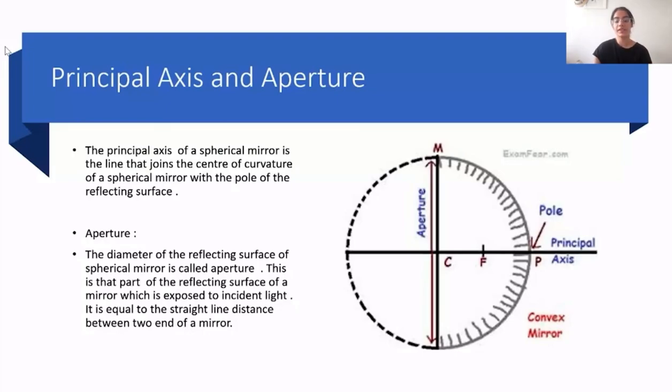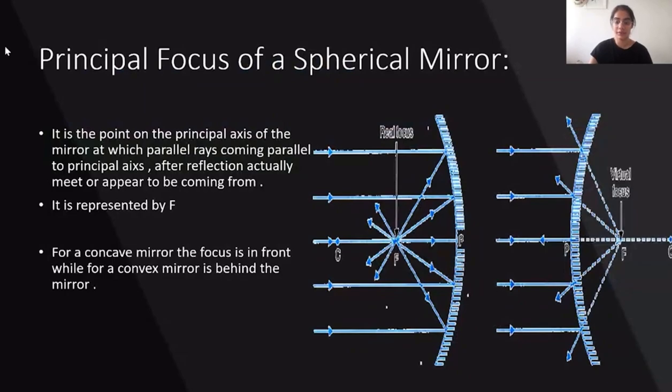Now, we have the principal focus of a spherical mirror. Principal focus is represented by capital F. Whenever you have rays that are parallel to the principal axis of the mirror and incident on the reflecting surface of the mirror, then after reflection they will appear to converge at a point, or they will appear to pass from a certain point.